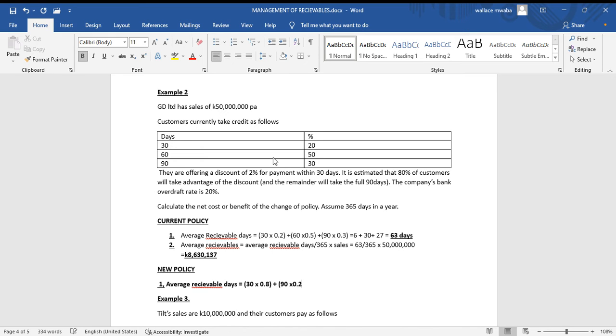Remember, 80% plus 20% gets 100%. So 80% of the customers will pay within 30 days, and 20% will pay after the full 90 days. So we're going to say 30 times 0.8.